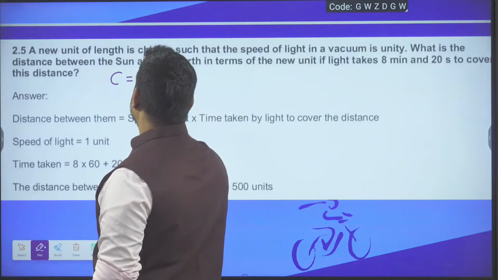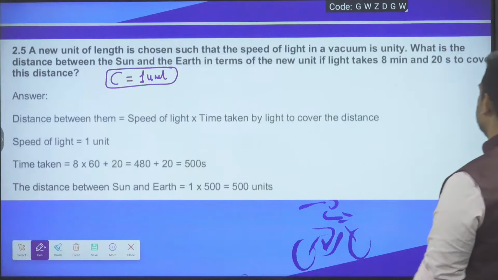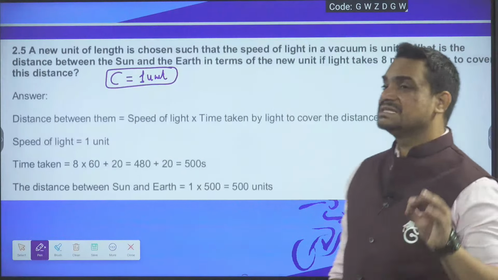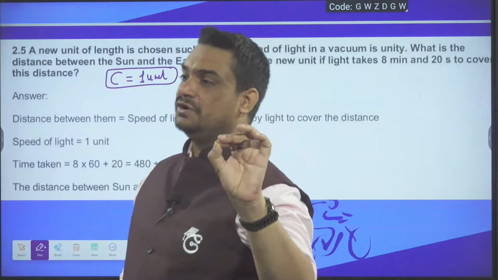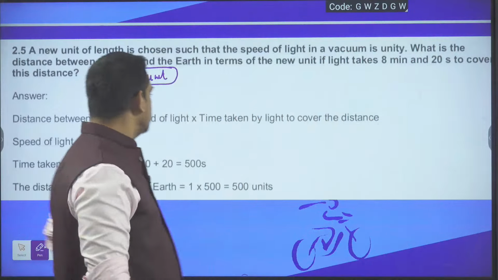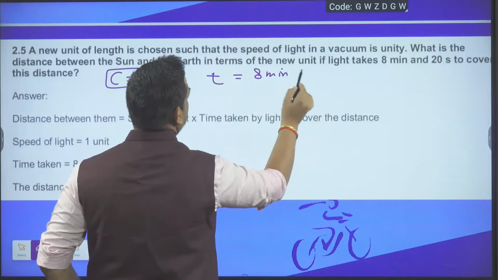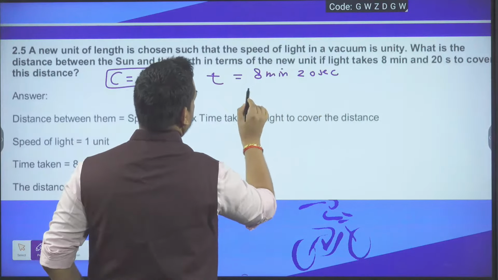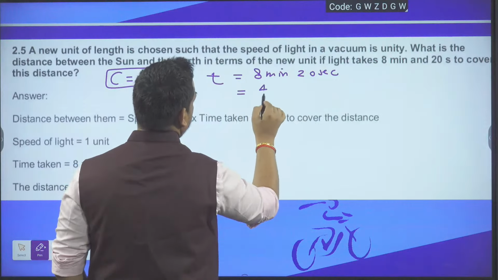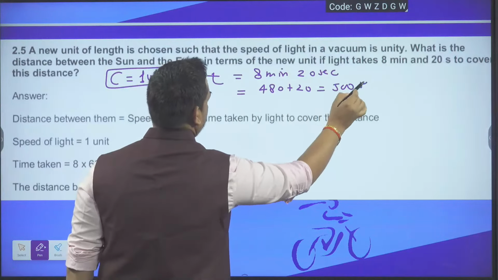What is the distance between the sun and earth in terms of the new unit, if light takes 8 minutes 20 seconds? Time is 8 minutes 20 seconds, which in seconds is 480 plus 20, that is 500 seconds.